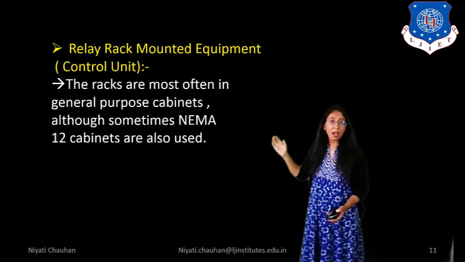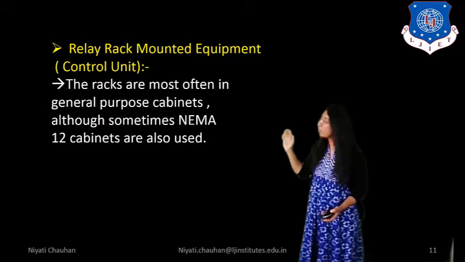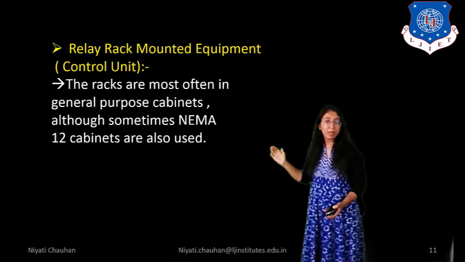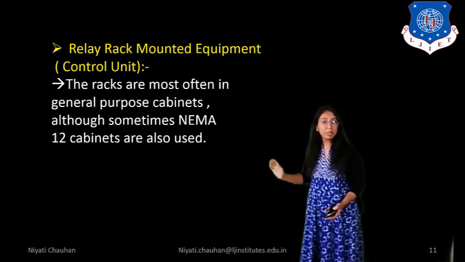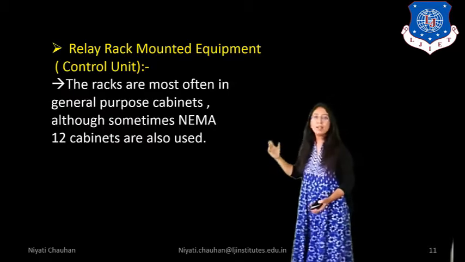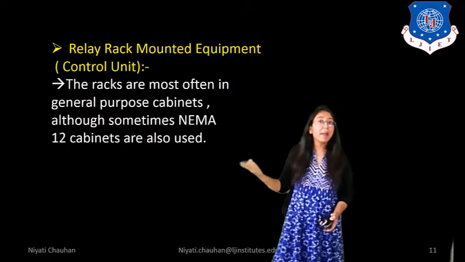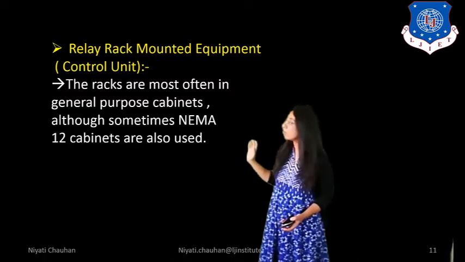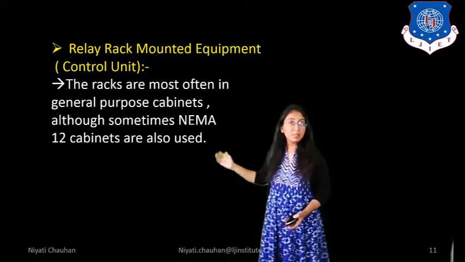The racks are most often in general purpose cabinets, although sometimes NEMA 12 cabinets are also used. NEMA 12 is a type of panel. This type of panel we mostly use for our system.